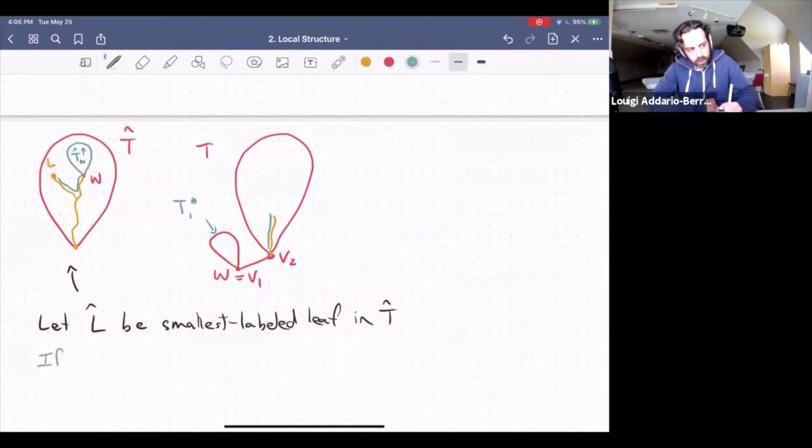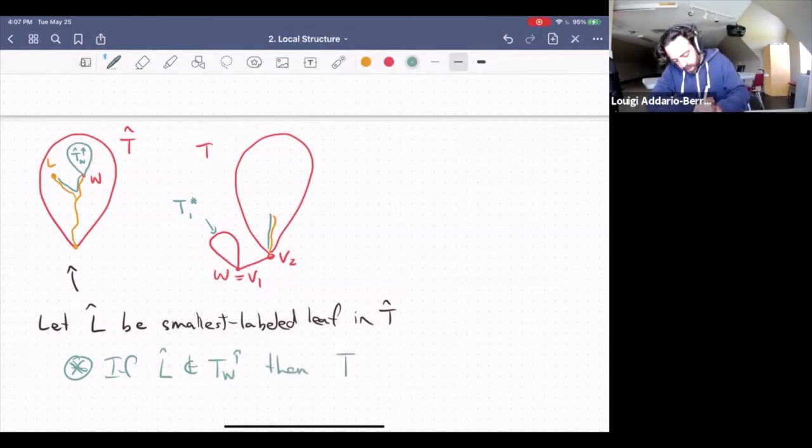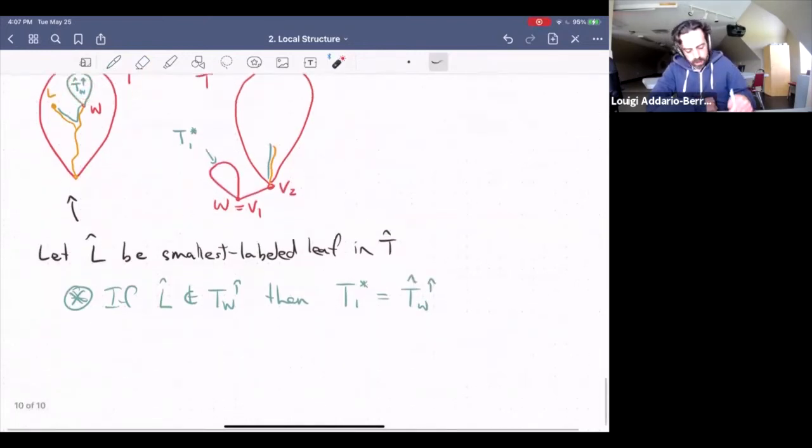So the key point with this rerouting construction is that if L hat is not in the subtree rooted at W, then T1 star is equal to the subtree rooted at W in the tree T hat.